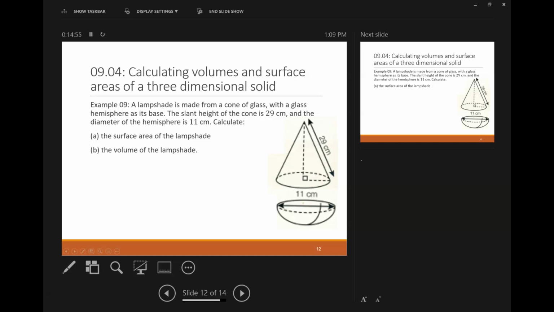So first we want the surface area of the lampshade. Question, does this lampshade have a bottom to it? No, how would you get a light bulb in there if it had a bottom to it, right? Okay, so it's just going to be the outside. We're not going to have the area of the circle here included.